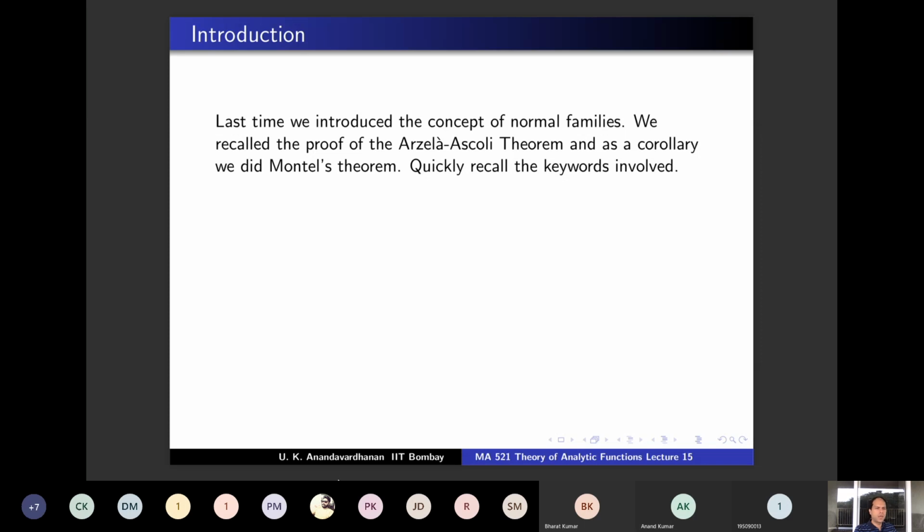You show this for each n, and you get corresponding sets of indices S1, S2, etc., one containing the other. We chose it that way. Using the Ascoli diagonal process, you get S1, S2, S3, etc. On this descending chain, S1 containing S2 containing S3, you do a further diagonal process to conclude Montel's theorem.